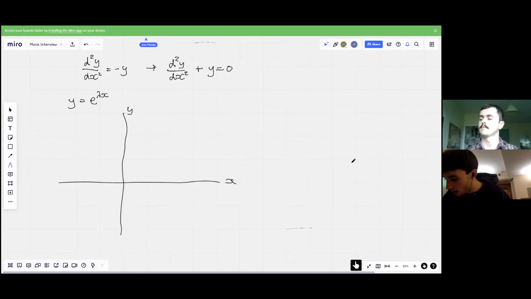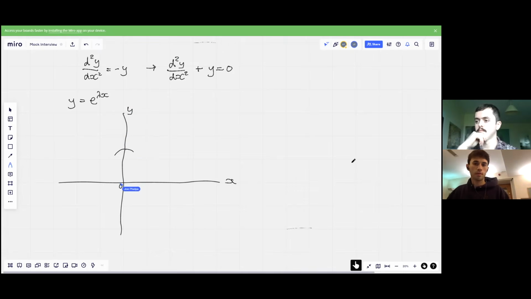So in positive y, I'll draw some sort of a maximum, and this is x equals 0 here. And I know that when y is a positive number, the gradient is going to have to get more and more negative. So we're going sort of down like this.